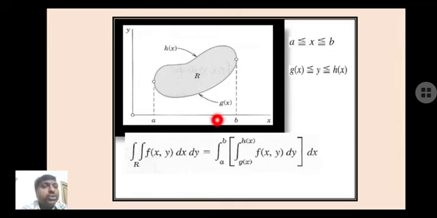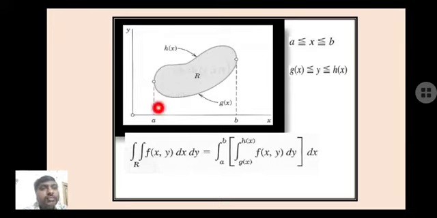In between these two limits your region is present, and it is also bounded by two curves: one is g(x) and the second is h(x). The lower boundary of the region is g(x) and the upper boundary is h(x). So first, x moves from a to b.